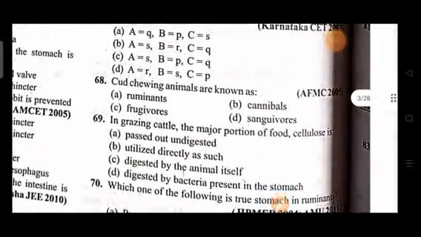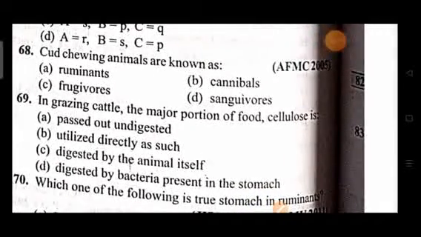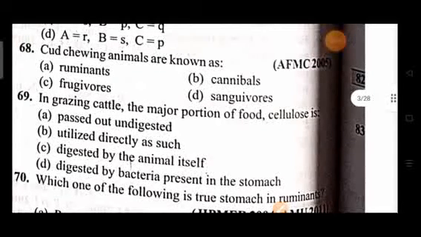Next, cud. Cud chewing animals are known as, cud means taking the food hurriedly and bringing it back into the mouth once again, chewing the food and leisurely digesting it. Generally this is the characteristic feature of some herbivorous animals, especially ruminant animals.